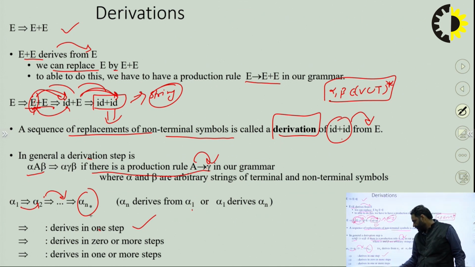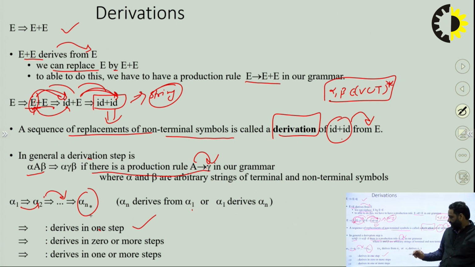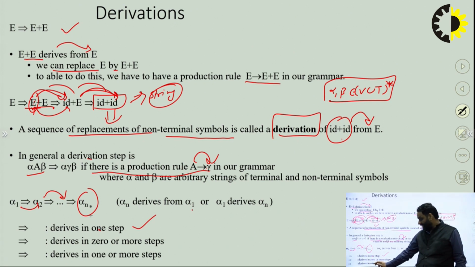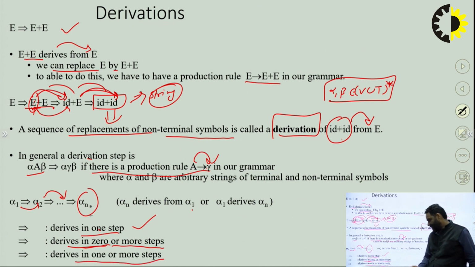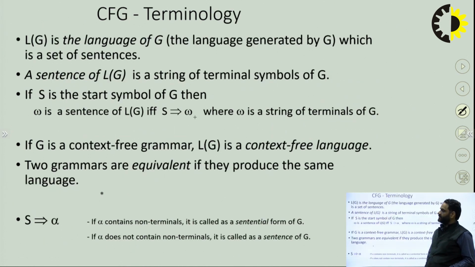If we do the same in more than one step, or in zero steps, we say it derives in zero or more steps, or in one or more steps. These are the possibilities through which we get our string.